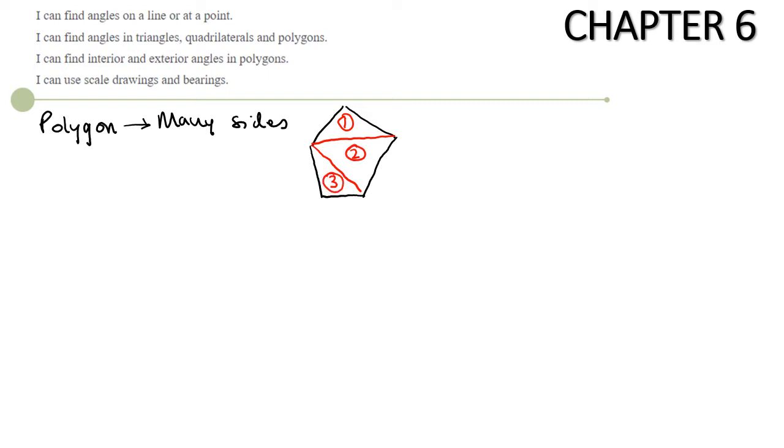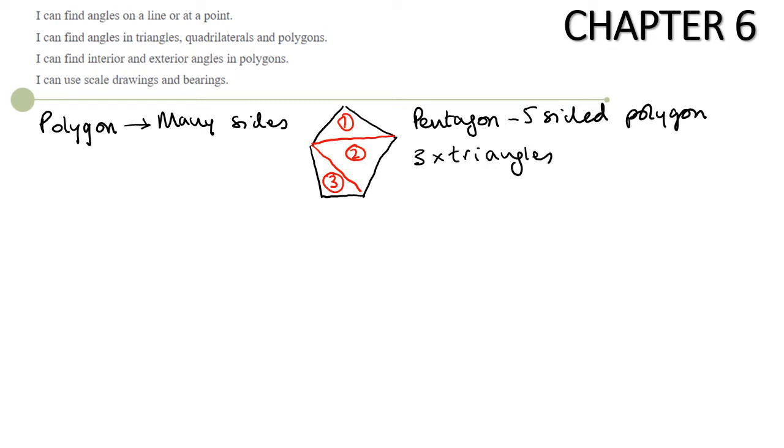So I've got a pentagon here, which is a 5-sided polygon, and what I can see is I've got 3 triangles. Now we've just done the rules for finding angles in a triangle, and that's 180. So if I do 3 times 180, it tells me that the total of the angles in that shape is 540 degrees.